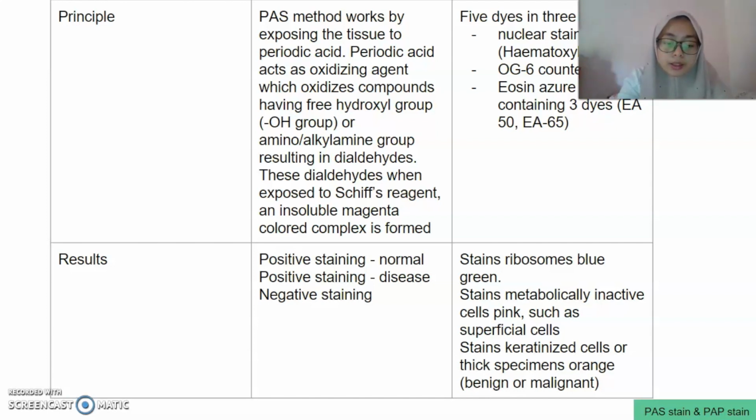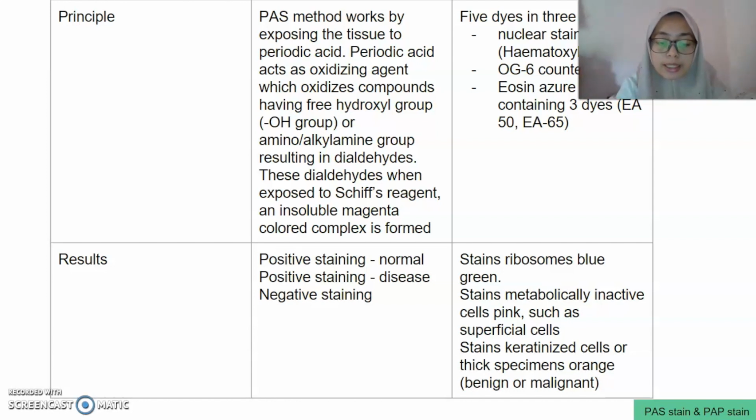The results for periodic acid Schiff are variable, which is it can show positive staining of a normal lesion, positive staining of a diseased lesion, and negative staining. Positive staining for a normal lesion is it can stain basement membrane, fungus, glycogens, mucins as well as surfactant.